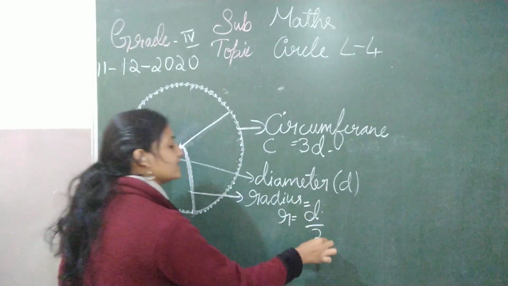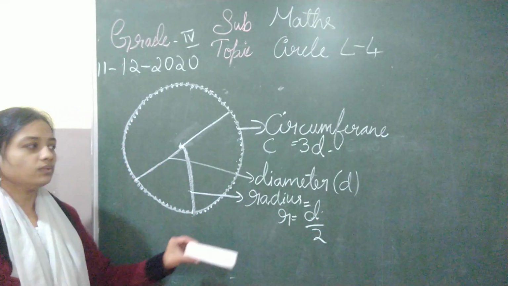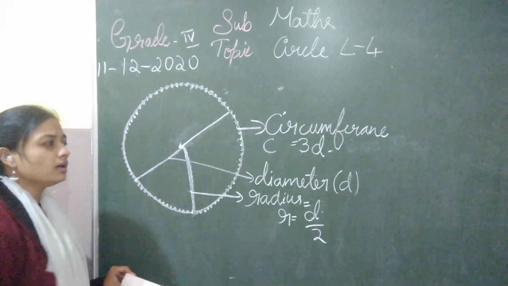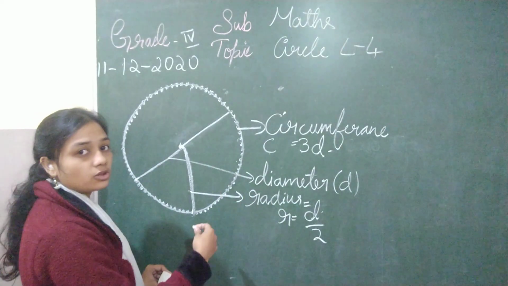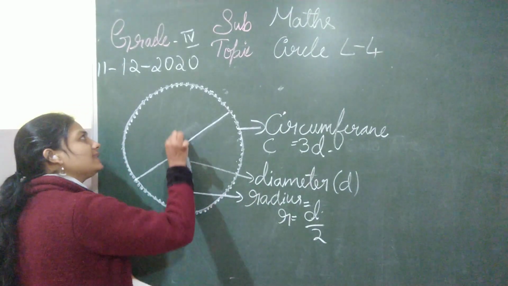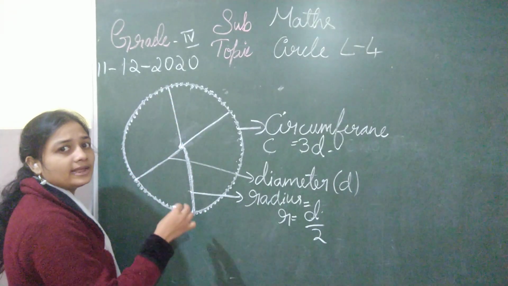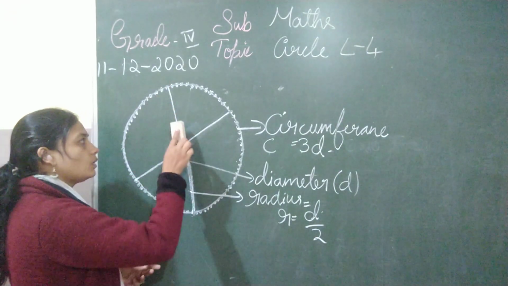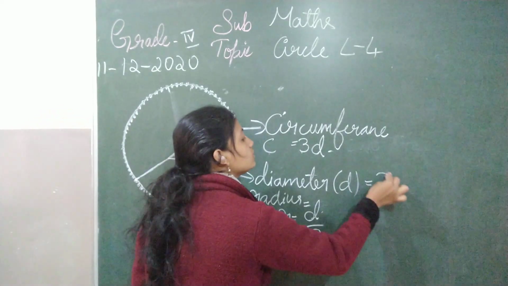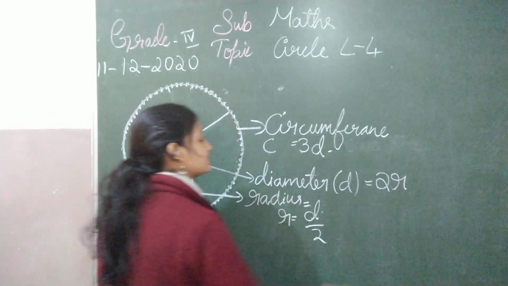That is D by 2. Radius is nothing but half of the diameter. So I can also say diameter in terms of radius. See, now this is the radius. If I extend the line here by one more half, it becomes the diameter. So diameter can be written as 2 times radius.